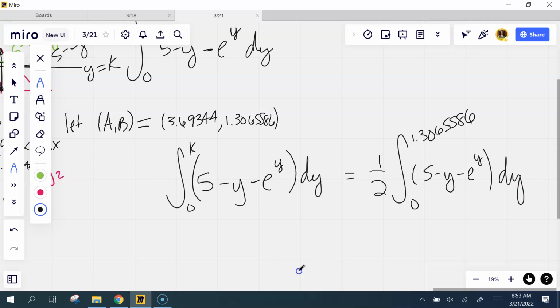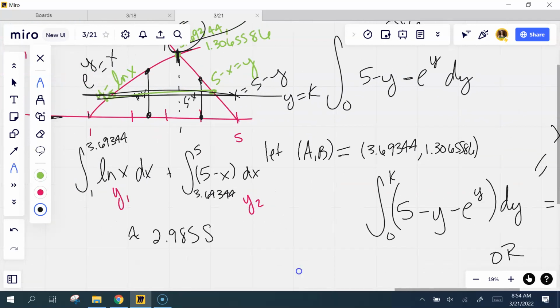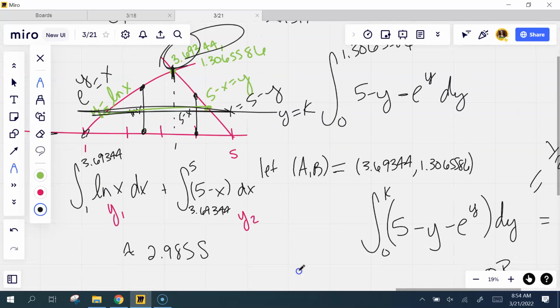K is a horizontal line that divides it into two equal parts. You could have also written this equals 1/2 of, since you already found that total area, you didn't have to rewrite all that. Because if you go from 0 to K, if that divides it in half, that should give you half of the total area.